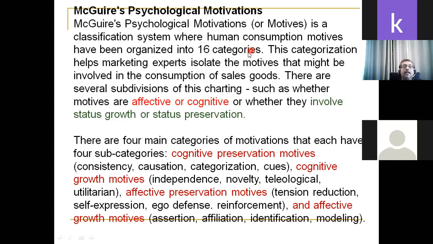We said that they are affective and cognitive, and in that we required preservation, one of the motive. So from here we moved to the 4 by 4 matrix. One is the cognitive growth and cognitive preservation and affective preservation and affective growth. So we saw the matrix in the last class.